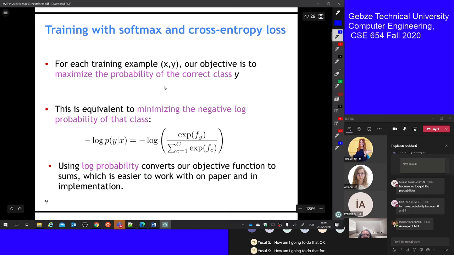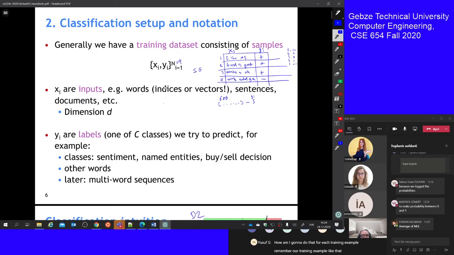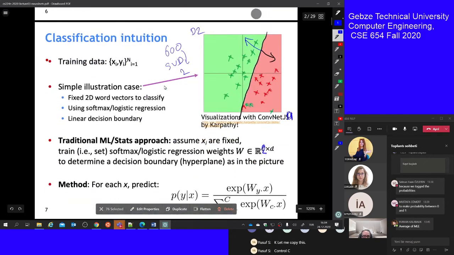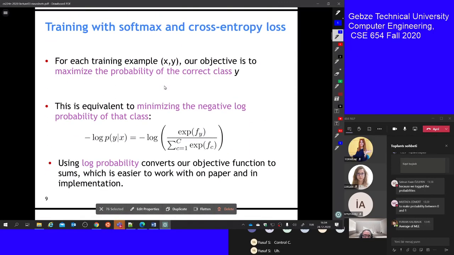For each training example, remember our training example, like that one. Let me copy this, Control C, and Control V here.